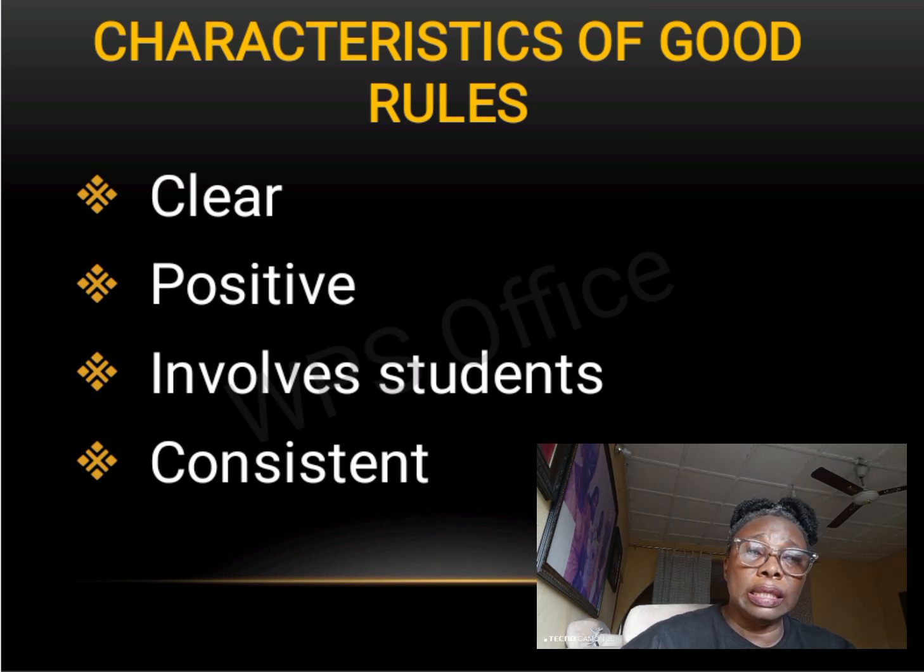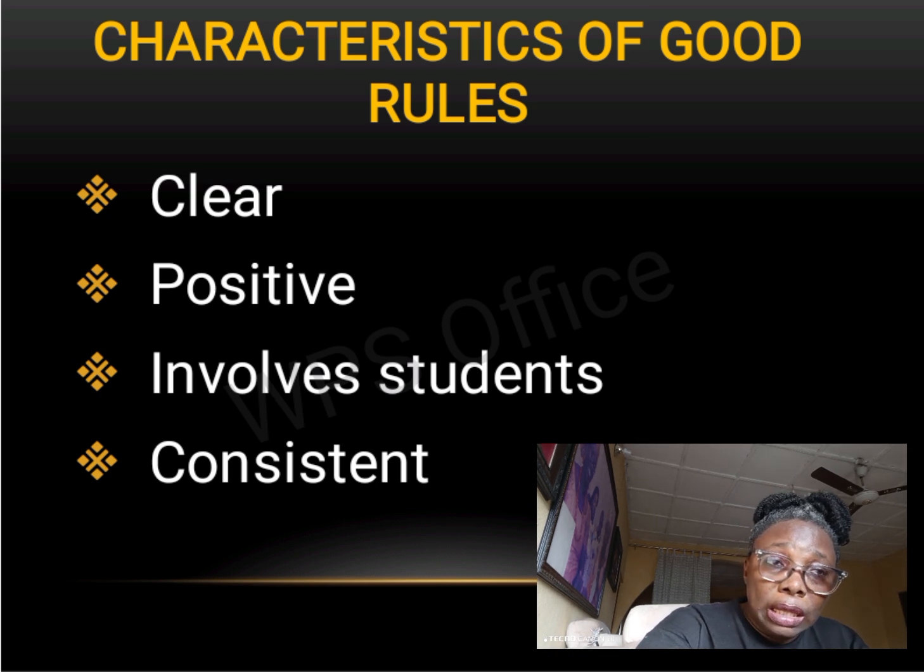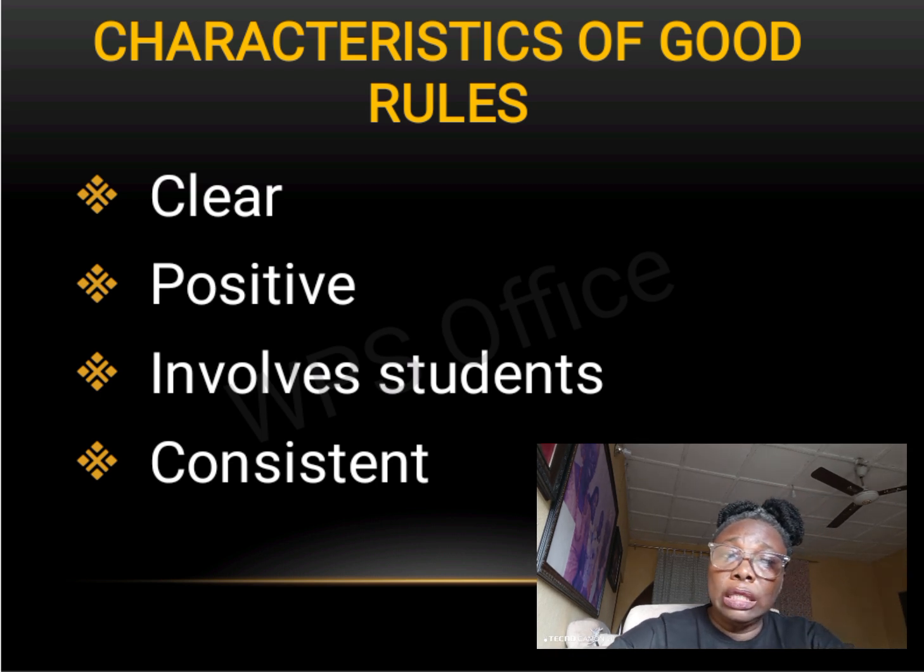Rules should be consistent. If we say time for school is 7:30 in the morning, or 8 o'clock in the morning, we shouldn't change it. For some people it becomes 9 o'clock and we say it's okay, and some other ones come at 8 o'clock and we punish them.